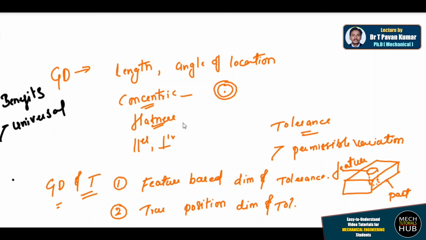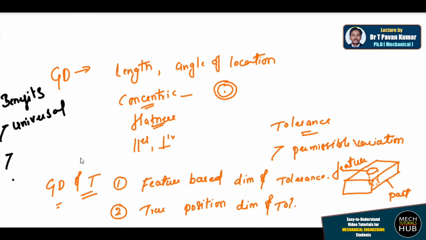Universal means there is no need to give any descriptive part of that particular symbol or feature. Directly if you give some value followed by a symbol, the other person will easily understand, whoever reads that particular drawing, in any part of the world. That is the reason I'm calling it universal. No need to give any descriptive information of that particular entity or feature.